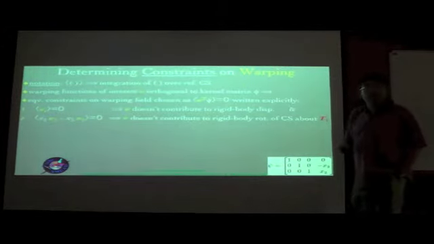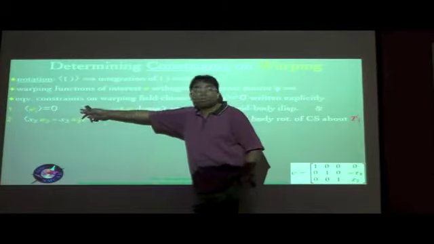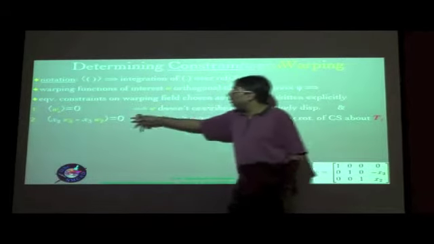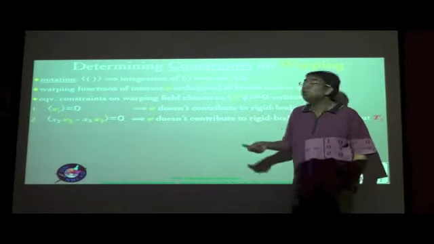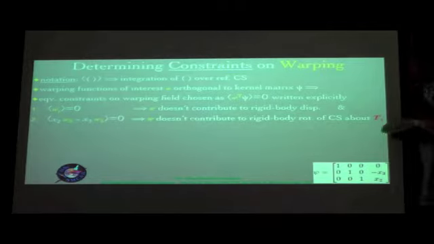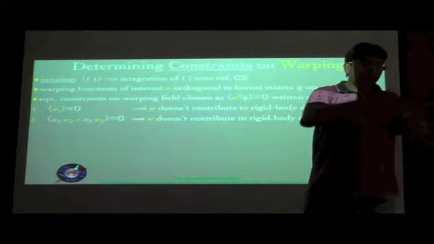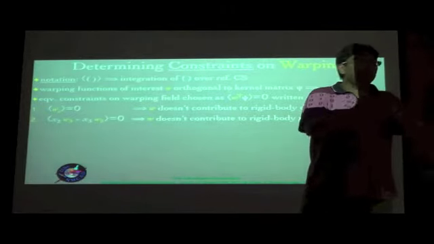So let's go back to this. The second set of constraints, the first one already has 3 of them because i is equal to 1, 2 and 3, taking care of the 3 rigid body translations. The other one, x2 times W3 minus x3 times W2, basically means that W doesn't contribute to the rigid body rotation of the cross section about the x1 axis. So it is a rotation which is already taken care of by kappa 1, which is the twist.